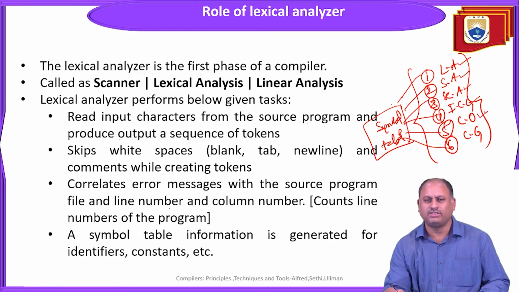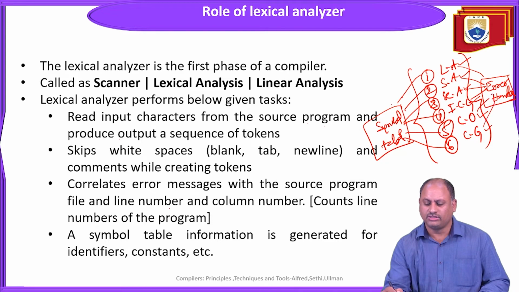Code optimization generates the optimized code. Code generation finally generates the machine code, which is the target code actually required for the machine to deliver the output. While producing these outputs for all the phases, if any errors occur, they are reported to the error handler. So the error handler also plays an important role in each phase of the compilation.